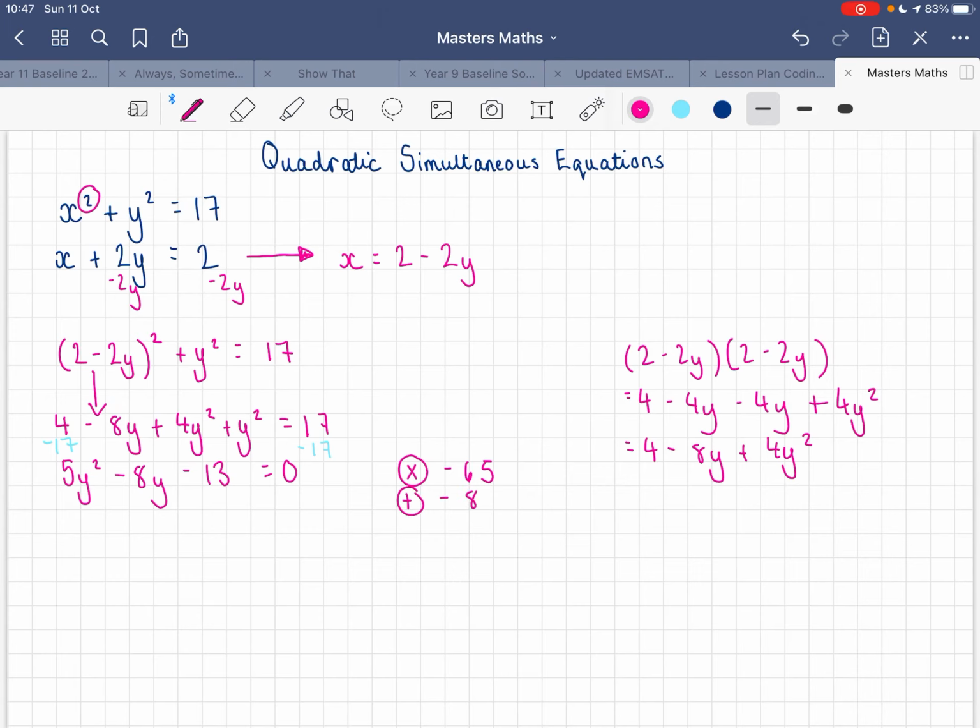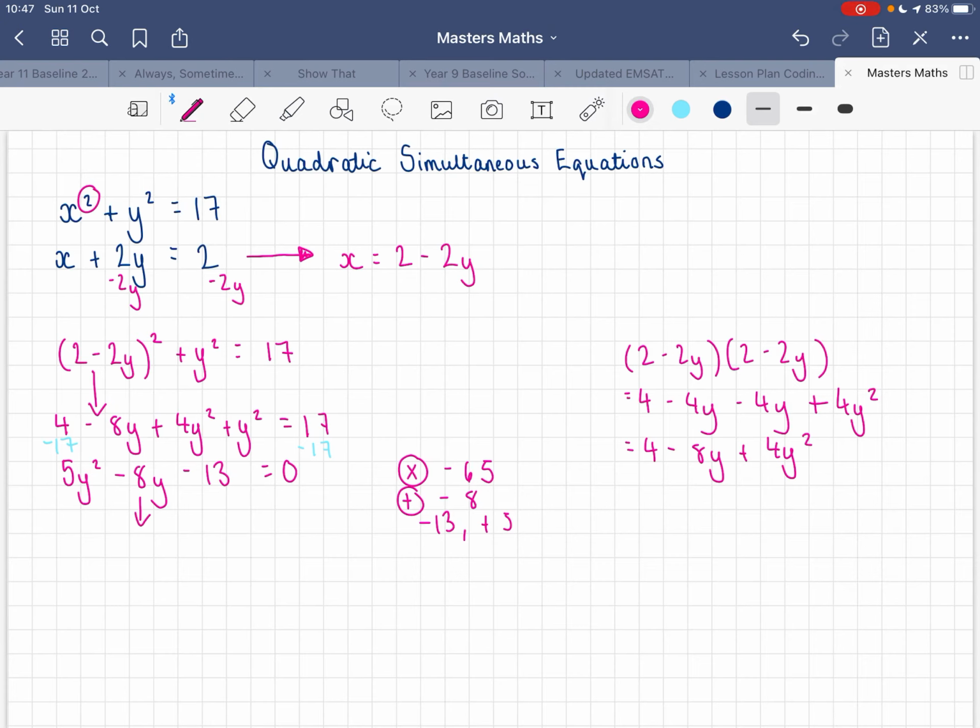So two numbers that add to make negative 8 and multiply to make negative 65. I'm going to use 8 and 13, I think. No, I'm not. 5 and 13. Yeah, 5 and 13. Negative 13, yeah, and positive 5.